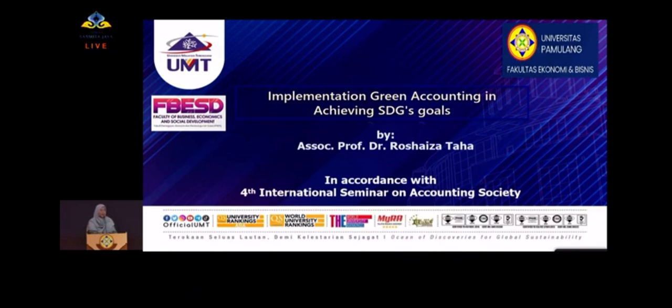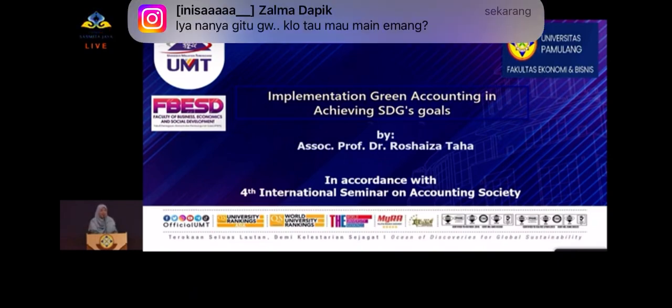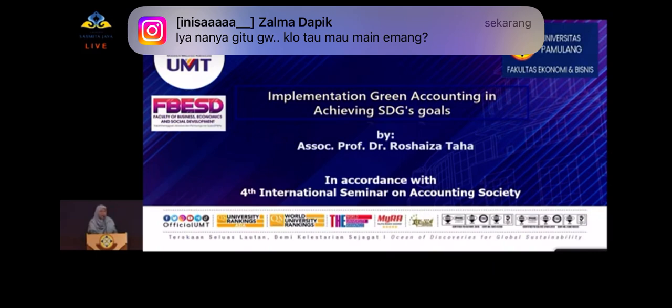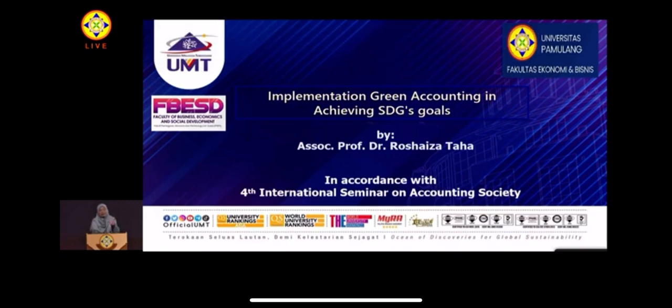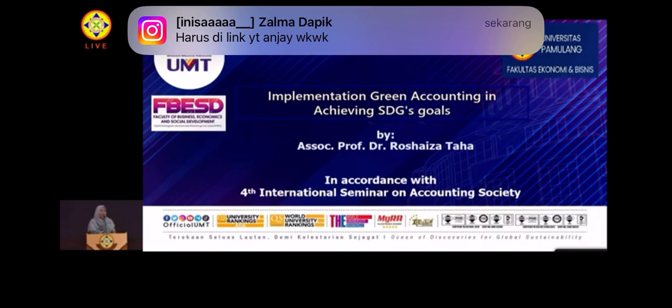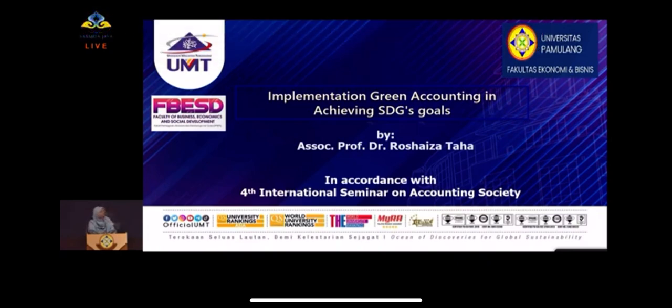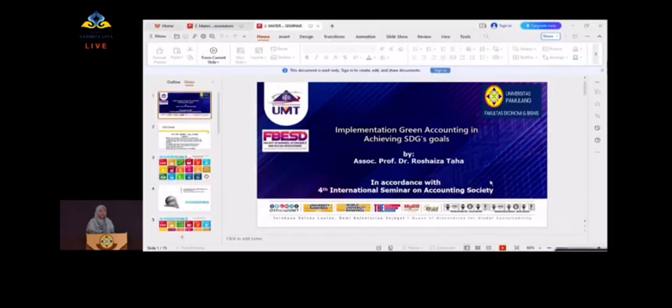If you look into the UI Green Metric, the champion is from Universitas Indonesia. They are the trendsetter, the organization that governs UI Green Metric, which is one of the elements of SDG. But today we're going to focus on how we try to integrate accounting, green accounting, and also SDG.